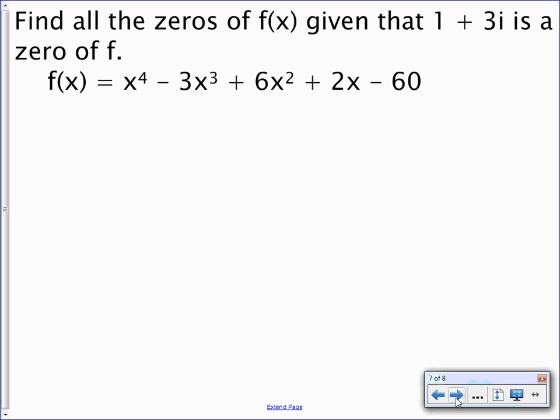Do we know anything else? 1 minus 3i is also a 0. How are we going to find the rest? Synthetic division? What?